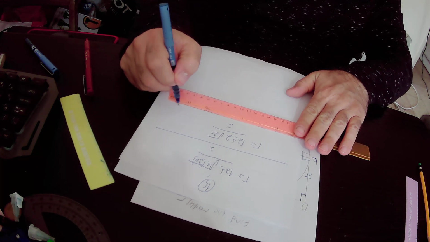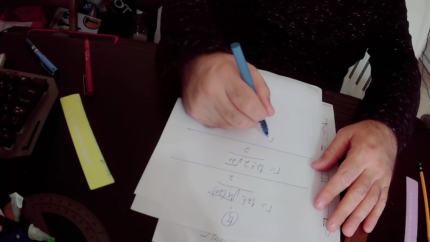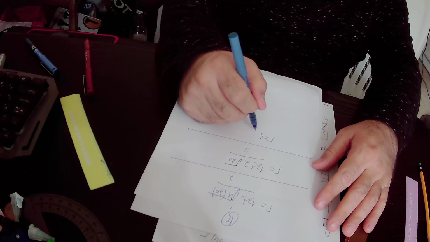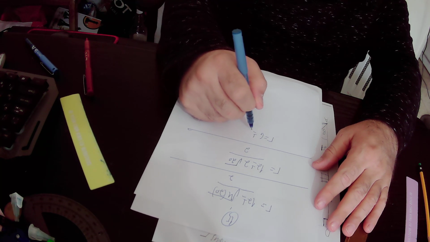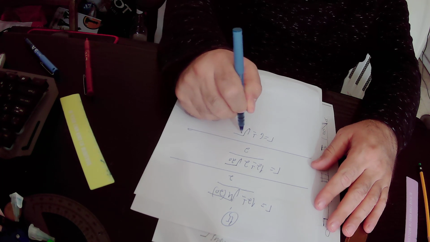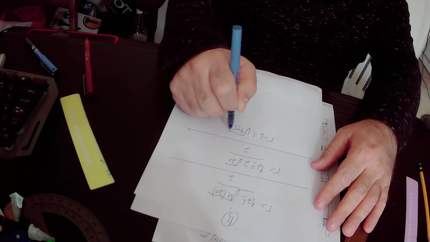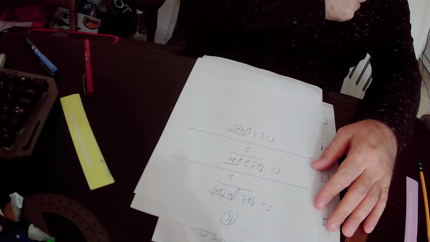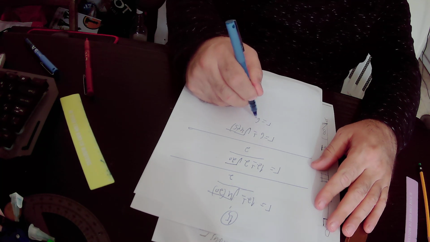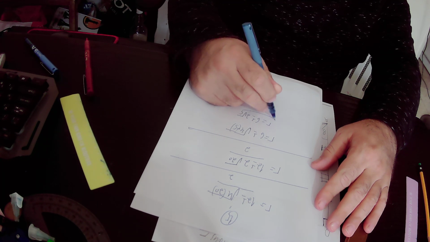So 12 over 2 is 6, 2 over 2 is 1, so r equals 6 plus minus the root of 20. 20 is 4 times 5, and the root of 4 is 2, so r equals 6 plus minus 2 times root 5.